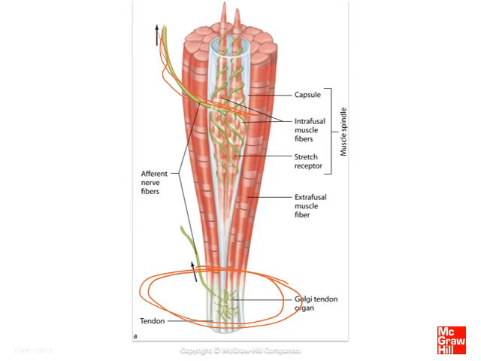Efferent is going to send signals. So, afferent is going to be detecting stretch within here. We have our intrafusal muscle fibers here, our stretch receptors, and then our extrafusal muscle fibers, which are our normal fibers. This is our muscle spindle, and that's going to be detecting stretch on our muscles.